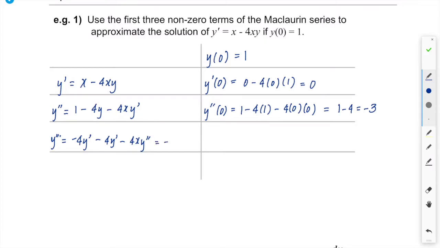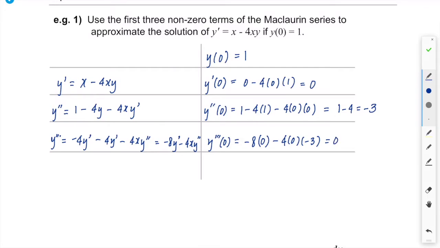Simplifying, I have negative 8y prime minus 4xy double prime. So what is y triple prime at 0? I have negative 8 times y prime, which is 0, minus 4 times x, which is 0, times y double prime, which was negative 3, but this is also 0.